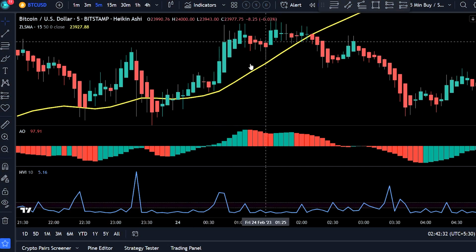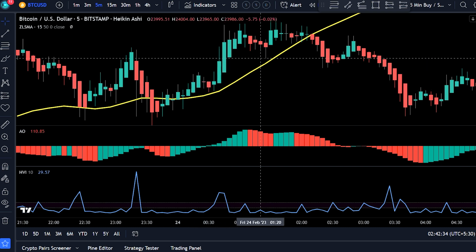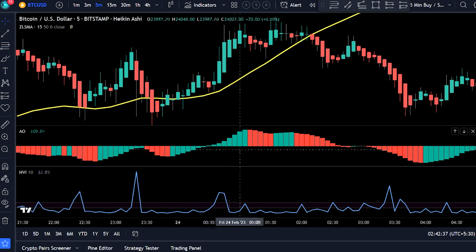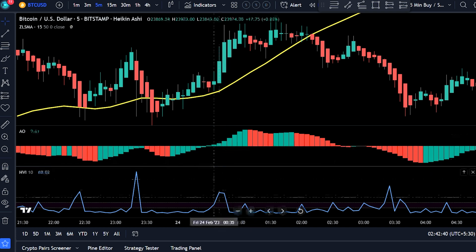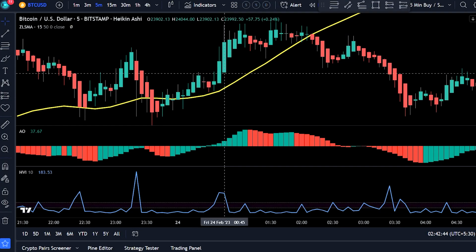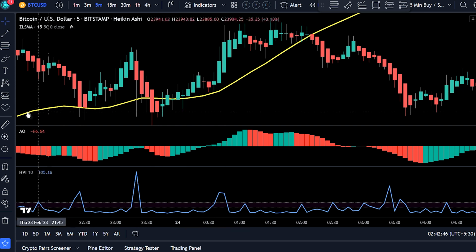So here we see the price action has closed above the zero lag SMA and the line is pointing upwards. The awesome oscillator printed a green bar above the zero level. We have a massive spike in the volume and a trigger candlestick is bullish without a lower wick. Our stop loss was set at the low of the candlestick.